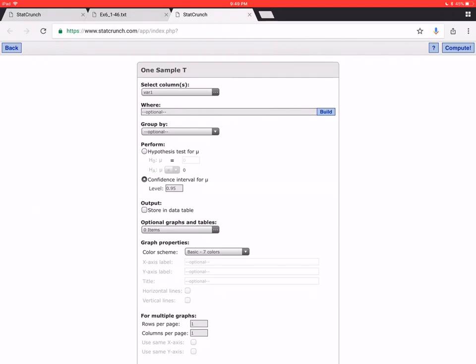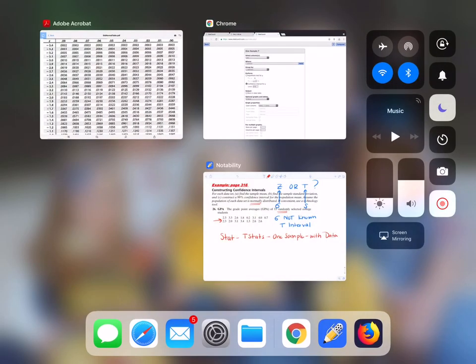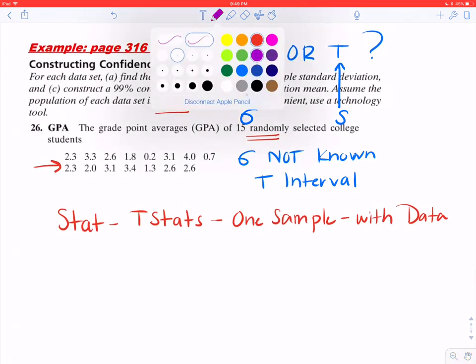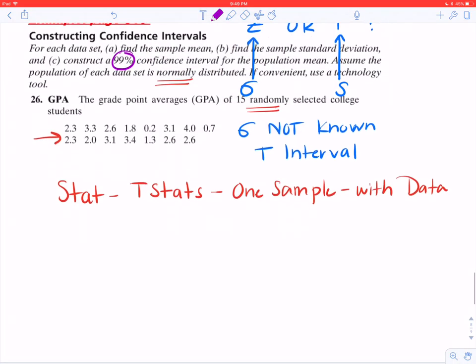Notice I don't have to put in standard deviation here because I don't know sigma. I go to confidence interval, and then I make sure that I input the proper level of confidence. So I want a 99% confidence interval for the population mean mu.